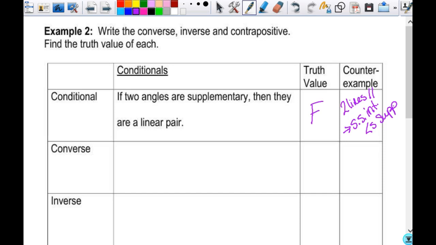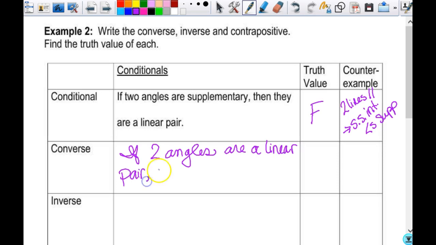Converse. We're going to switch them around, right? So when I do that, I can't start with if they are a linear pair. It doesn't work that way, right? So what are they? Two angles. So if two angles are a linear pair, then, now I can say they are supplementary.